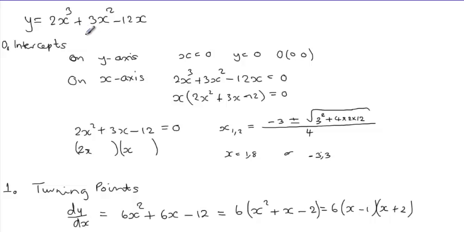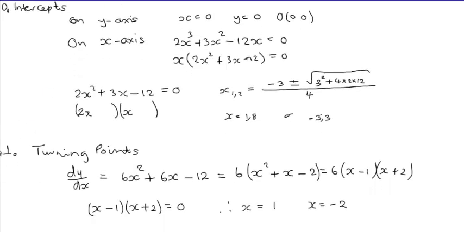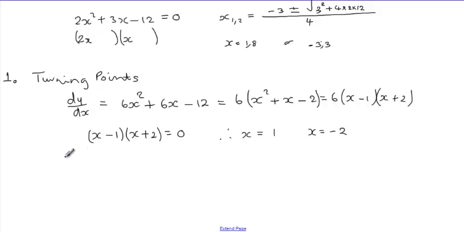So we come here now and say y coordinates for these points, y coordinates of turning points, the TP. So for x equals 1, y equals 2.